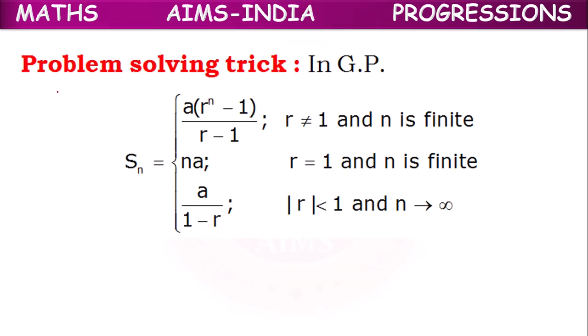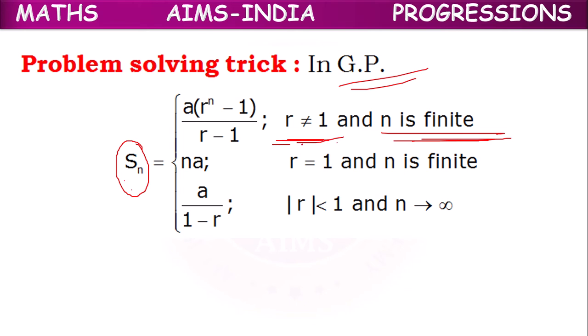So now we have learned different formulas for the sum of GPs. Suppose we want to find the sum of n terms of a GP. If n is finite and r is not equal to 1, then we use the general formula a into r power n minus 1 by r minus 1.